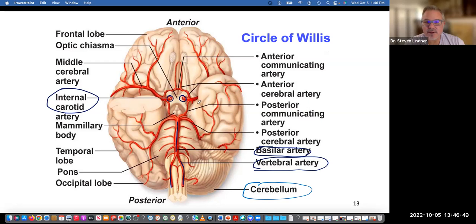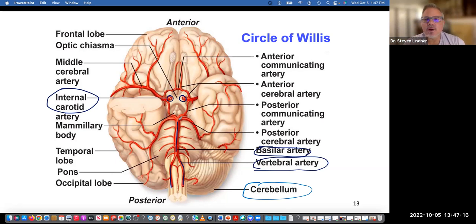It's kind of like this nice collateral circulation. So you have vertebrals coming in, bringing blood into this circle. And then you have the internal carotids coming in that can bring blood into the circle. All right, so you have vertebral arteries, basilar artery, and now think of the brain as like an anterior, middle, and posterior.